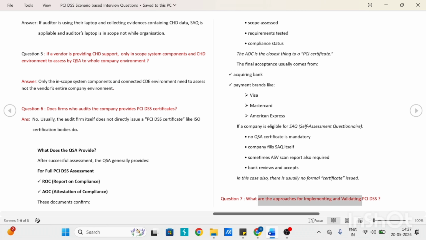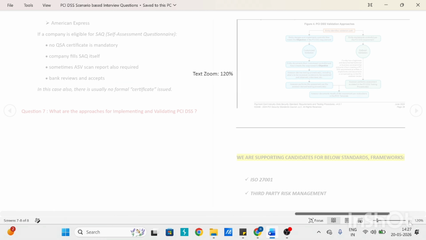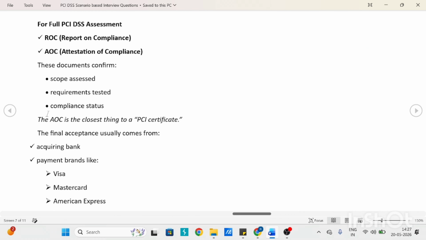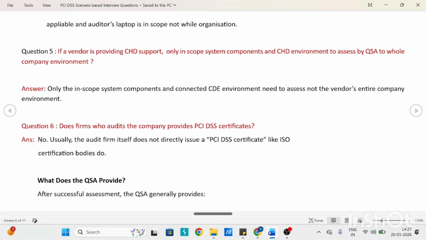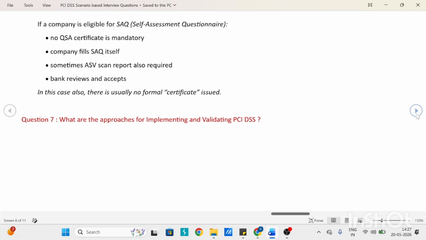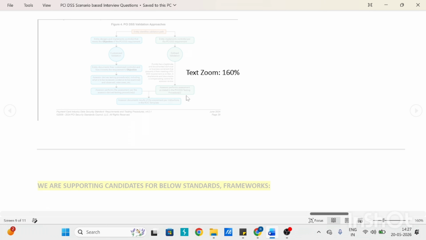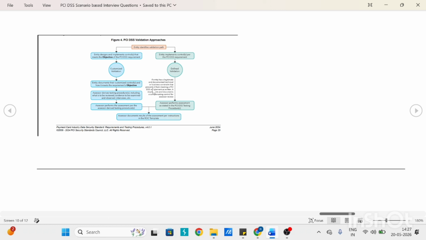Here's question number 7. What are the approaches for implementing and validating PCI? We will try to discuss with a chart here. So there are two approaches of PCI DSS validation.